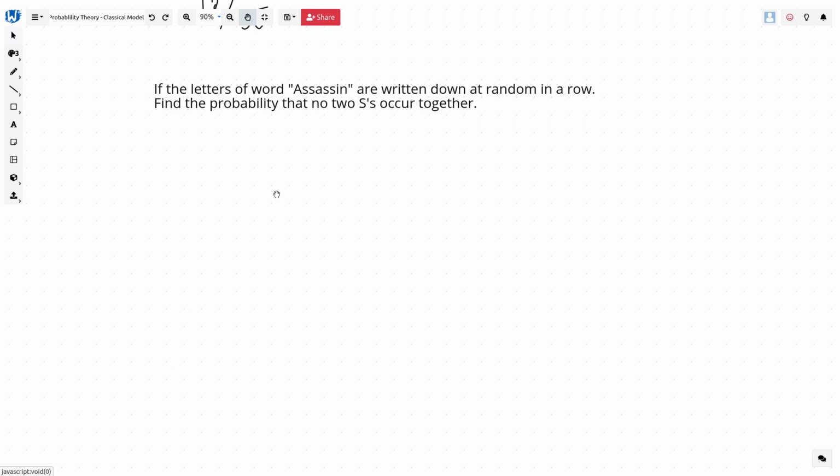If the letters of the word ASSASSINATION are written down at random in a row, find the probability that no two S occur together. So first we see that there are 8 places, 1, 2, 3, 4, 5, 6, 7, 8. And we have to arrange these 8 letters where there are 2 A's, 4 S's, 1 I, and 1 N, right?